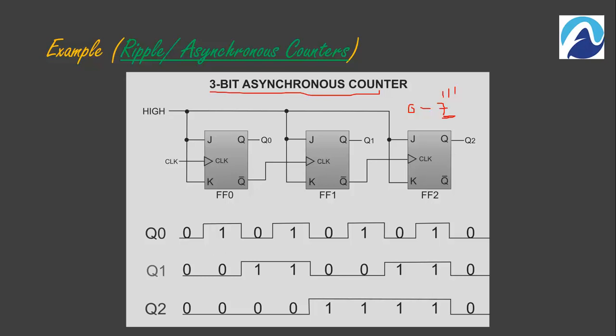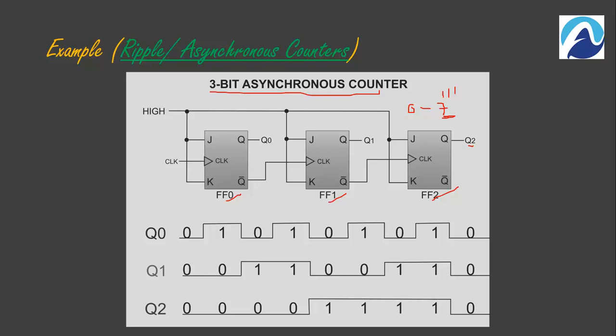So I have flip-flop 0 which is the LSB, flip-flop 1, and flip-flop 2, which is the MSB. We will pick the output from Q0, which is the output of the first flip-flop, Q1, which is the output of the middle flip-flop, and Q2, which is the output of the last flip-flop. We need to focus on the asynchronous term first.